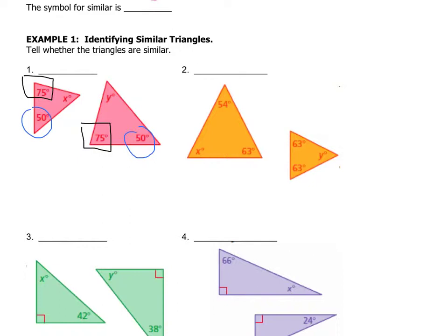By definition, since two of the angles are the same in each of the triangles, x must be congruent to the y angle. So yes, these two are similar. We'll try to make that a little bit neater. So yes. Now looking at the second one.